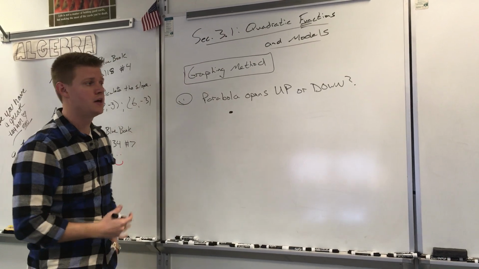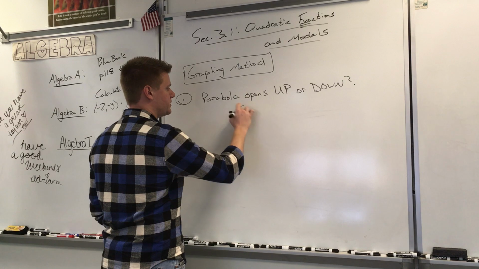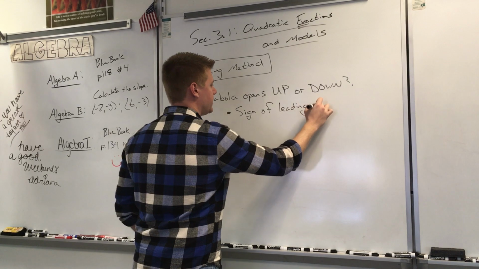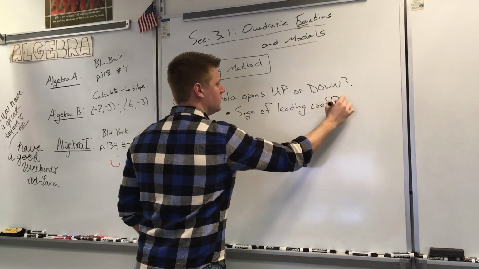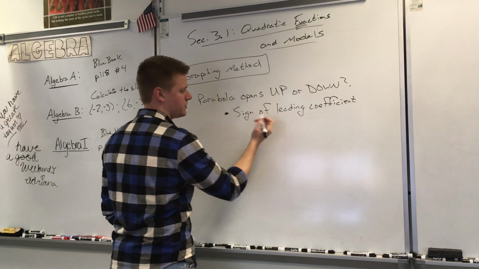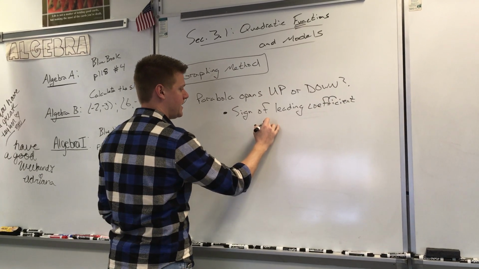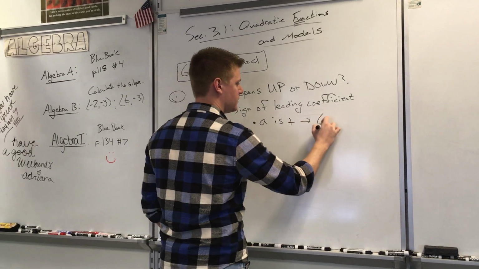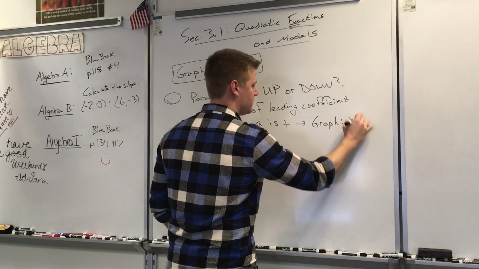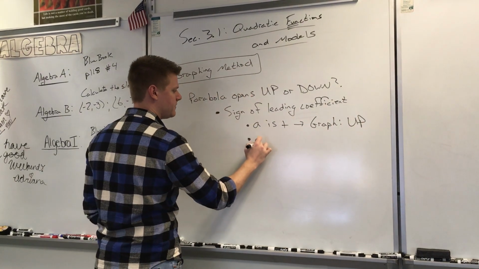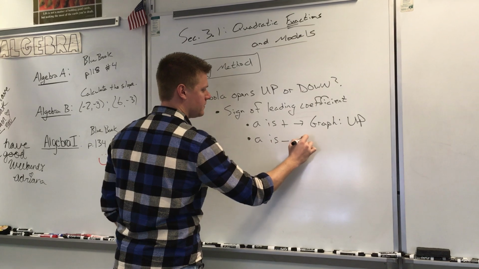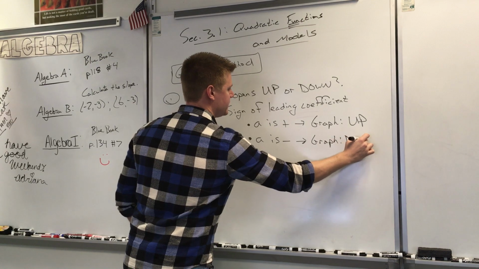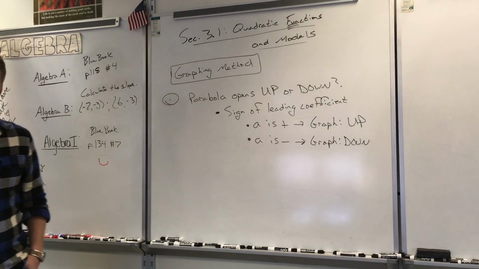This is all dependent on the sign of the leading coefficient, which we label as the A coefficient. If A is positive, the graph opens upward, and if A is negative, the graph opens downward.